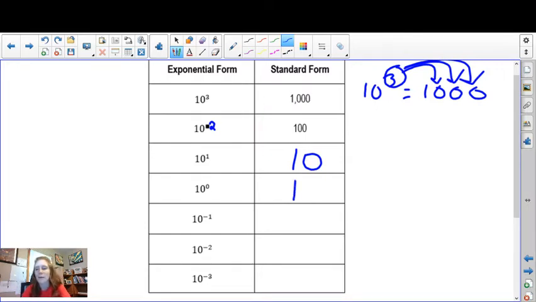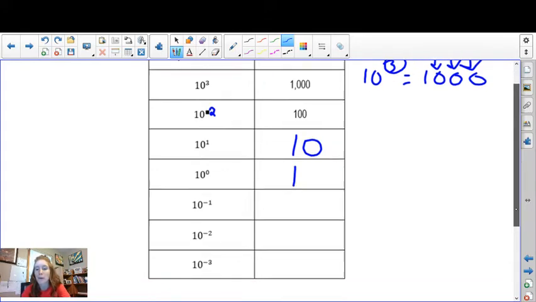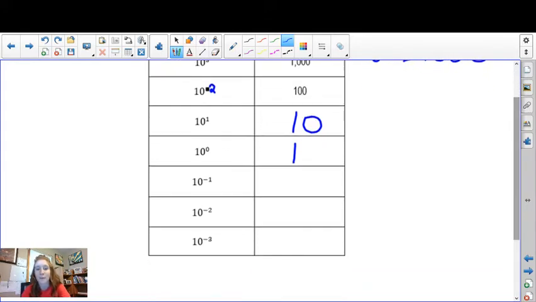Anything to the 0 power, one of our math rules is that anything to the 0 power is always 1. Even if I decided to take 4,270 to the 0 power, I still get 1. So pretty neat.